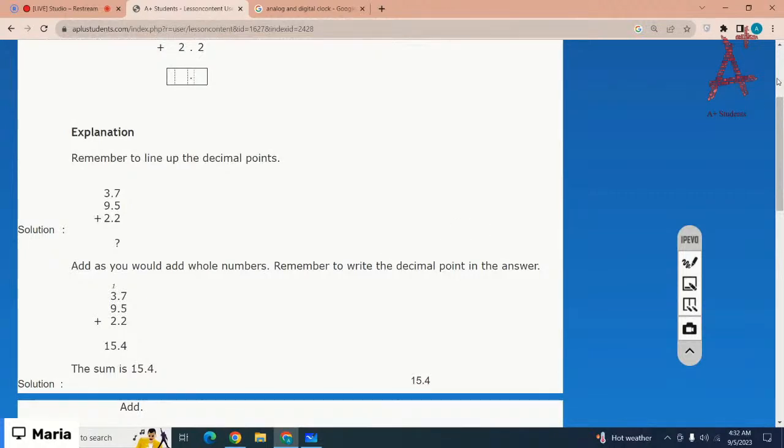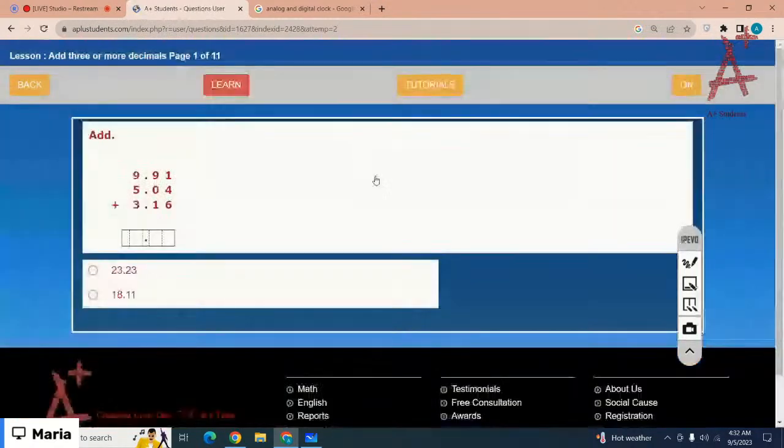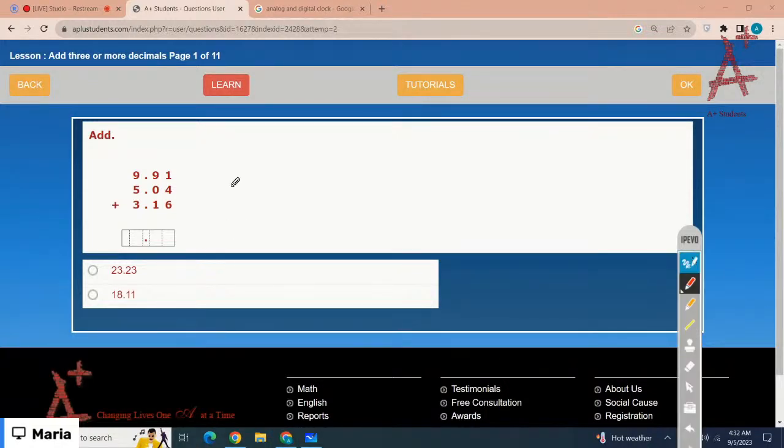Let's start with the practice questions. You have to add, right? So start adding from the rightmost digit. 6 and 4 is 10 and 1 is 11. So you write 1 over here and carry 1, right? Then you have 9 and 1 is 10 and 1 is 11.